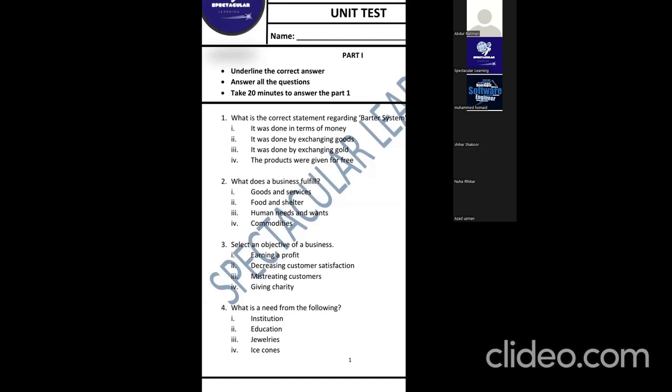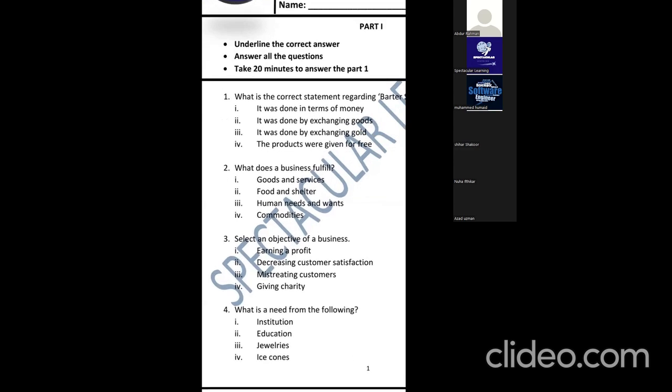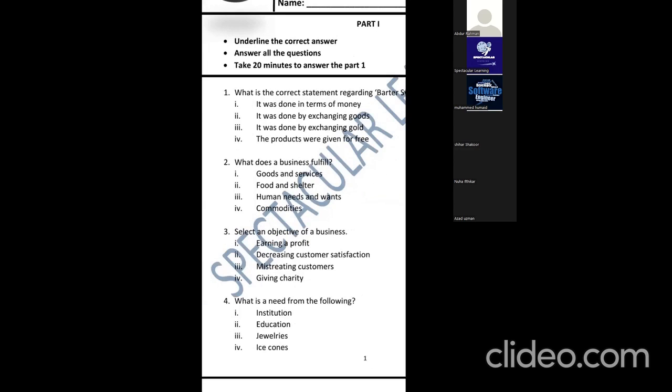Yes, Joseph and Mukhtar said human needs and wants, most of the people are saying human needs and wants. So the correct answer is human needs and wants. A business fulfills human needs and wants, but through goods and services. So the correct answer for what they fulfill is human needs and wants. Okay. Did you all understand that? Hope you all understood.